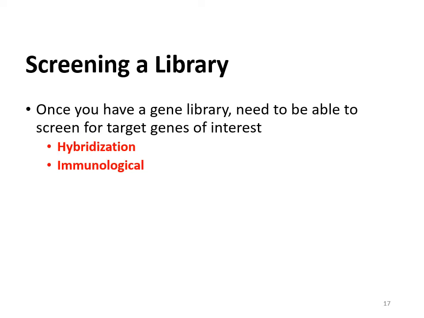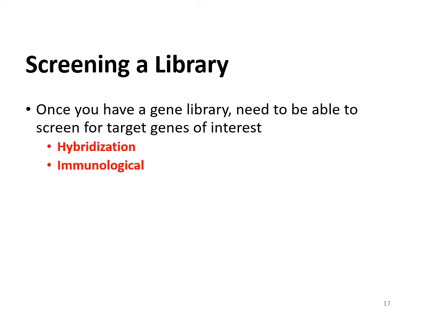For hybridization, I want you to write down that this is for DNA. So you're using DNA probes, you're using single-stranded complements that are nice and sticky, and you're screening the library for the DNA, the actual genes.